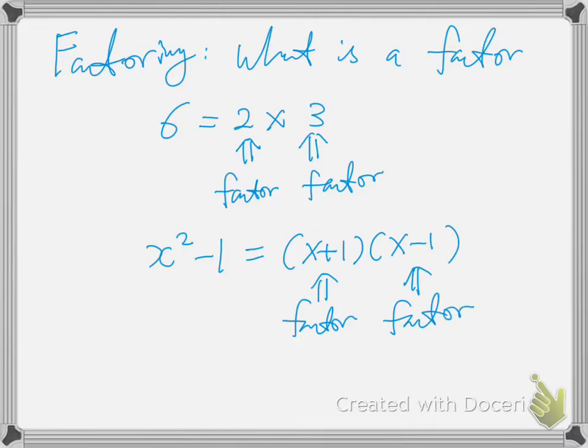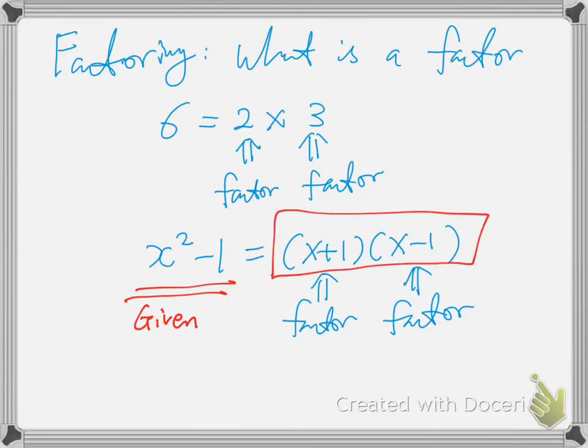In this chapter, you will be given some polynomials like this, and then we need a product, and each part in this product is a factor. We will factor a polynomial. That's the goal for this chapter.